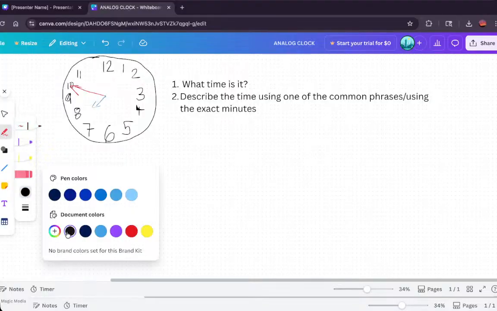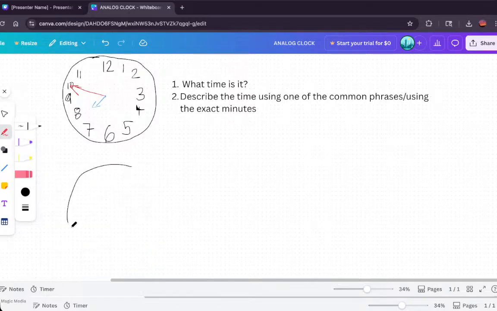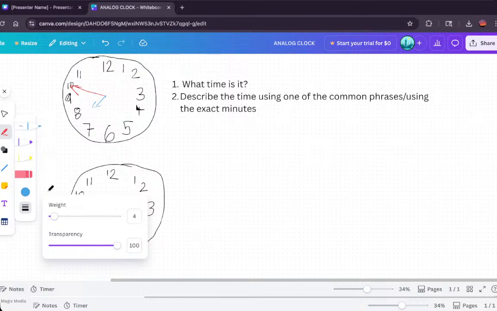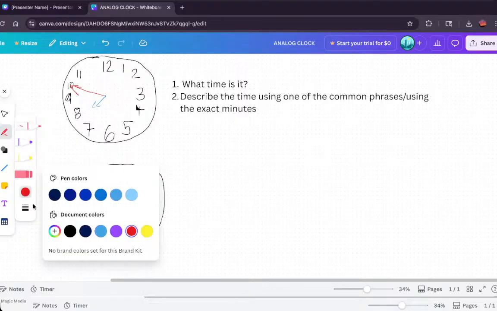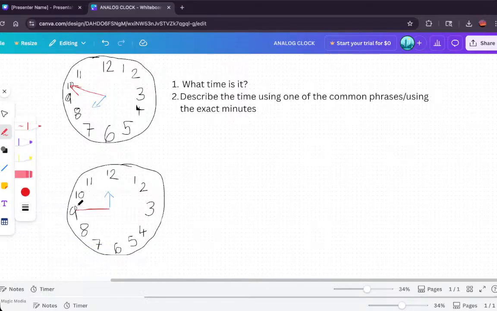So I'm going to draw another clock for you. Okay, another one right here.